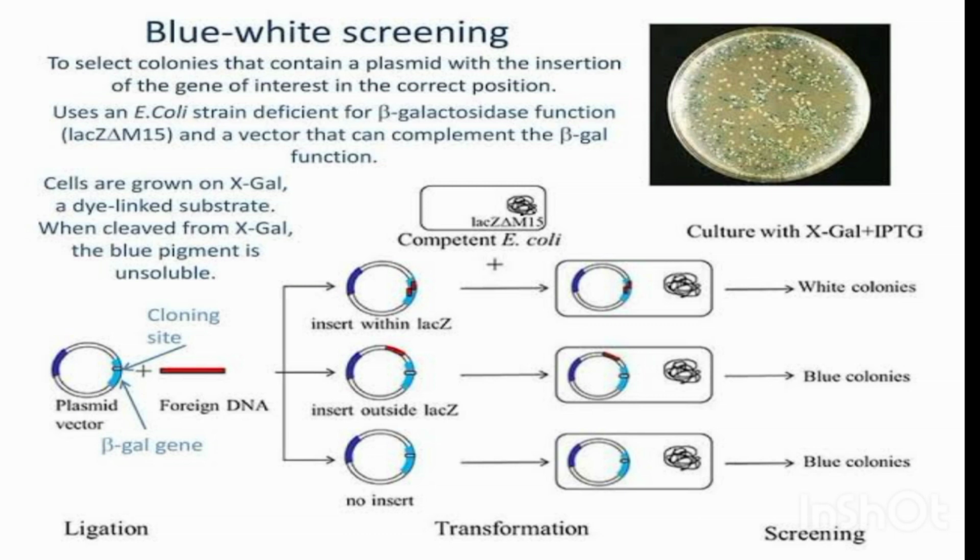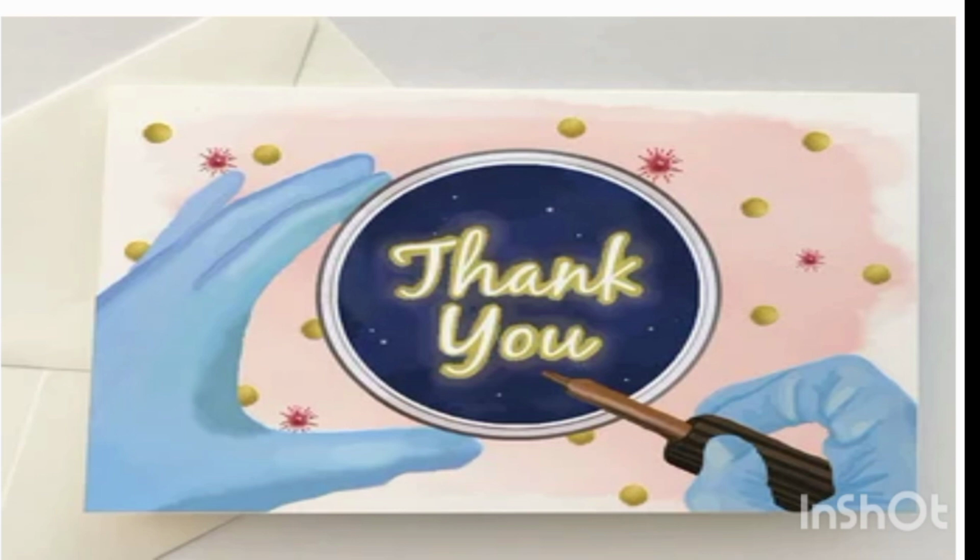If the gene of interest is outside, meaning it is recombinant but not with my gene of interest in the lacZ, then again my beta gal gene is not being disrupted, and it will produce blue colonies. Only my recombinants with the gene of interest in the beta gal will produce white colonies. So I can select the white colonies and proceed further.